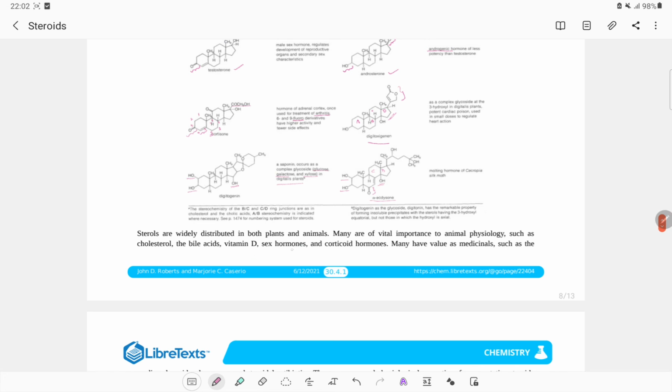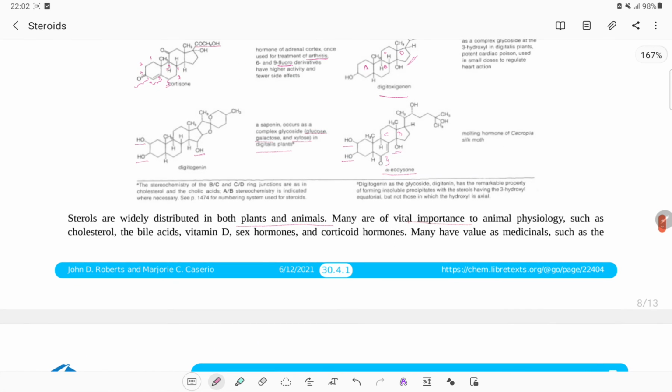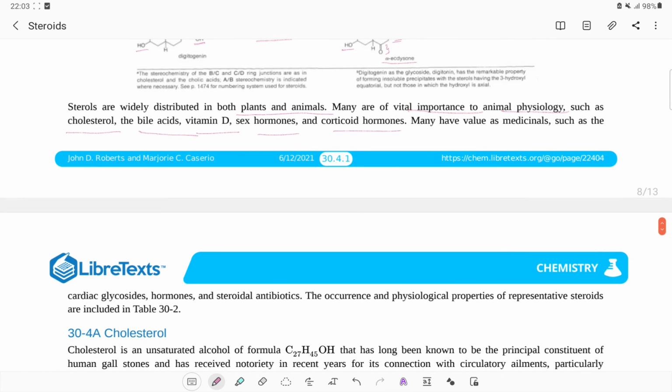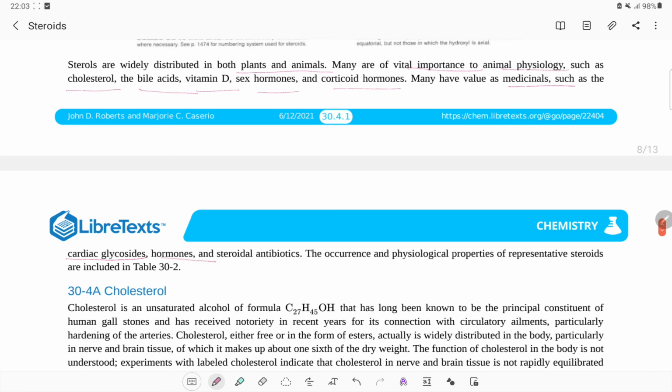Sterols are widely distributed in both plants and animals. Many are of vital importance to animal physiology, such as cholesterol, bile acids, vitamin D, sex hormones and corticoid hormones. We have already seen that sterols are very important in terms of various functions. Many also have value as medicinals, such as cardiac glycosides, hormones and steroidal antibiotics.